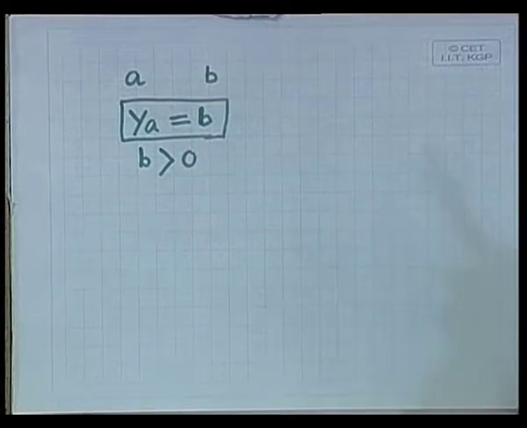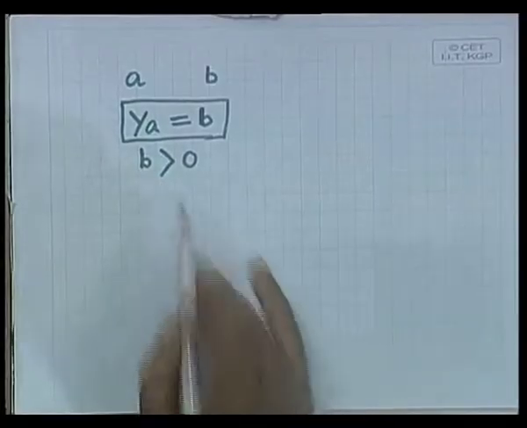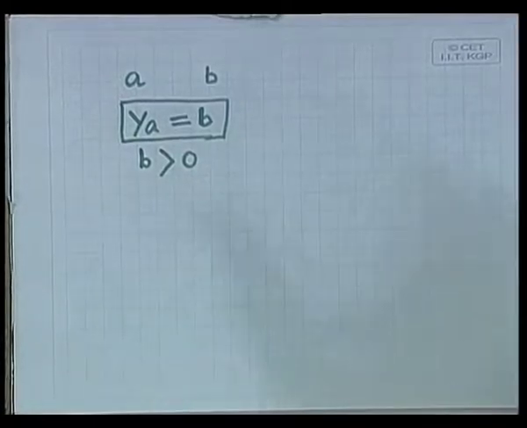That can be satisfied if we start with a B with every component positive, and while modifying B, we allow only a component of B to be incremented, not reduced, because if we allow a component of B to be reduced, there is a possibility that a component of B may come down below 0, which will not satisfy this condition. So, while updating, we will always allow increment of B, but we will not allow reduction of B.